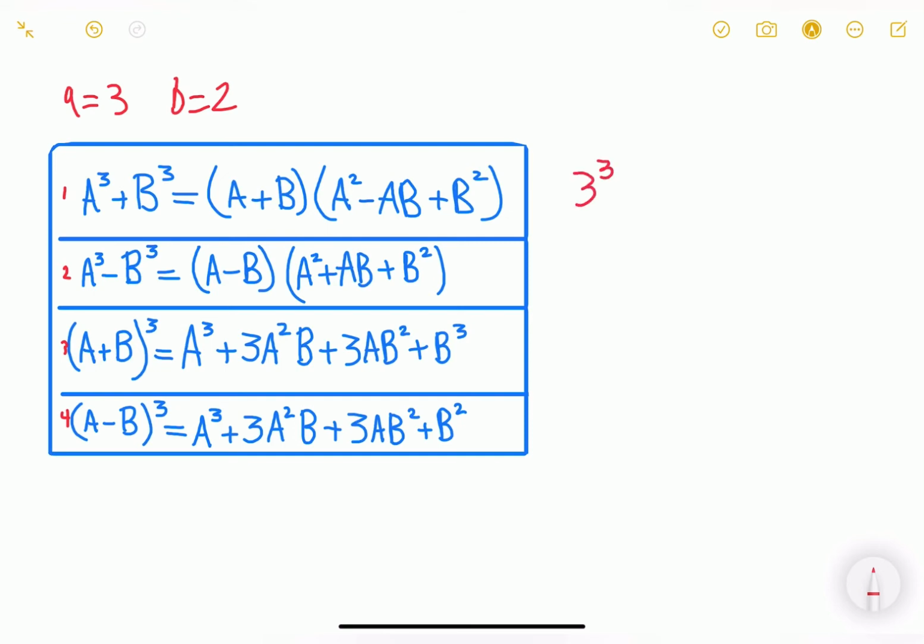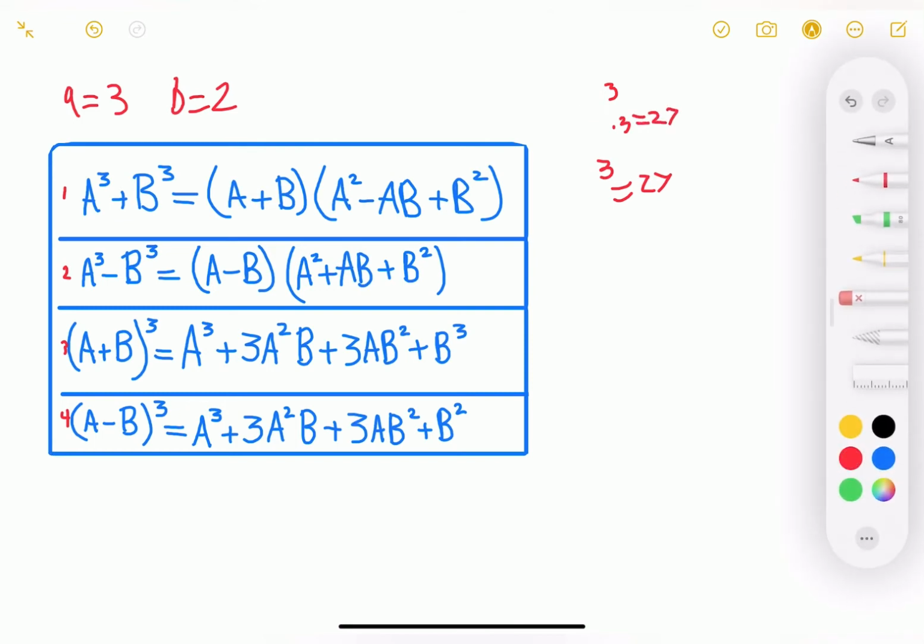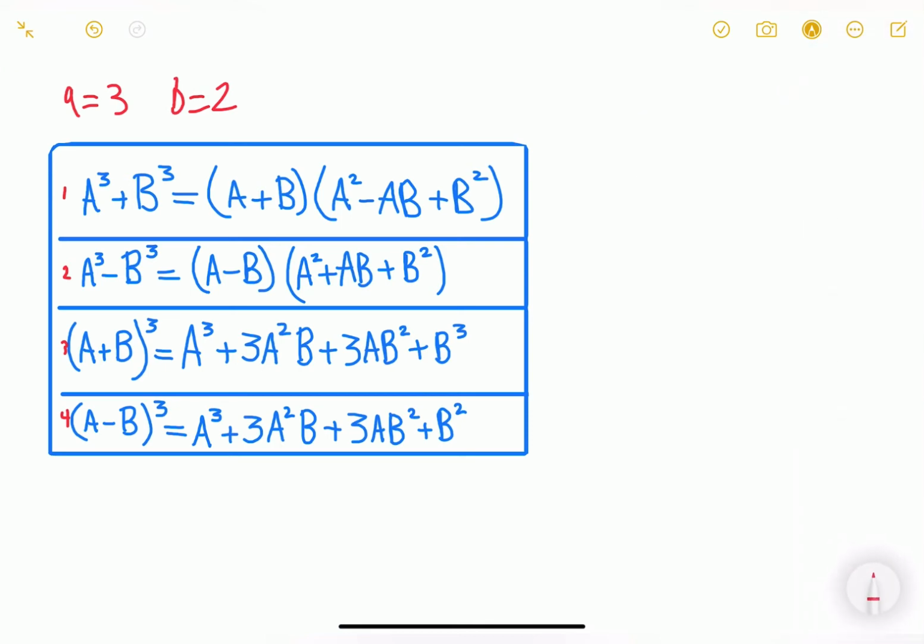An easy way to solve this: I know that 3 cubed is equal to 27, but if you don't know this, it's way better to memorize, but this is an easy way. What's 3 times 3? 3 times 3 is 9. 9 times 3 equals 27. This is a way to go about the cubed, but it's way easier to have it memorized. So let's just get right into it.